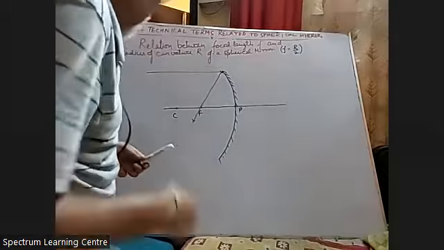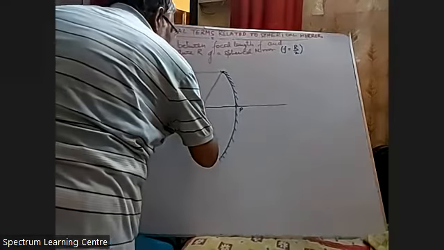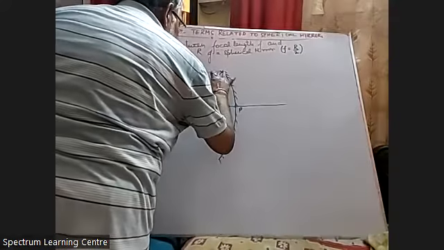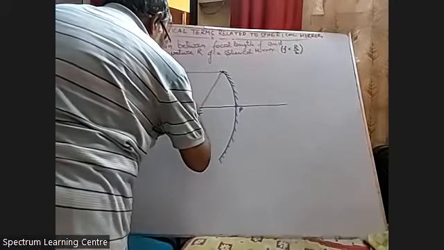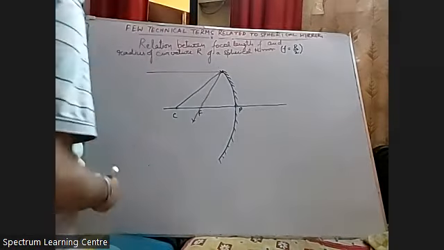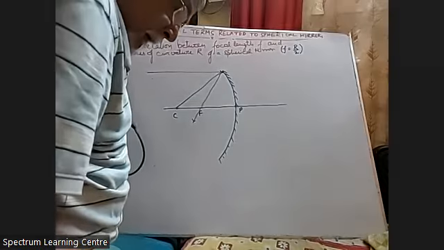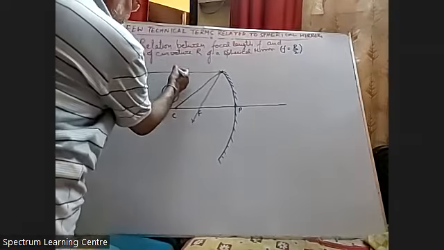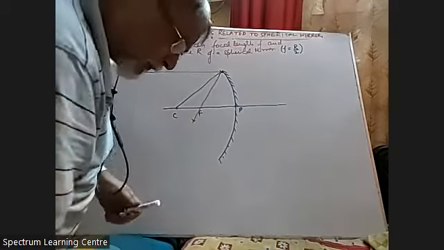Now, draw a line. What is happening? Say this is an incident ray.